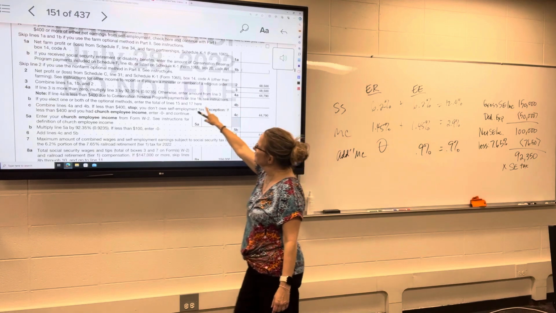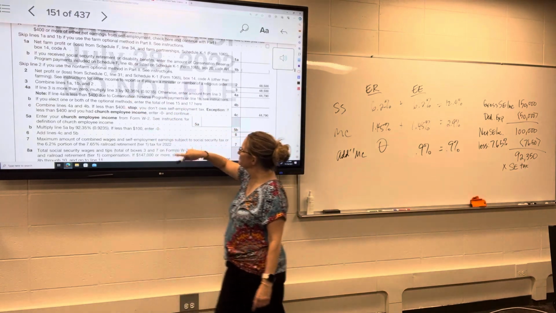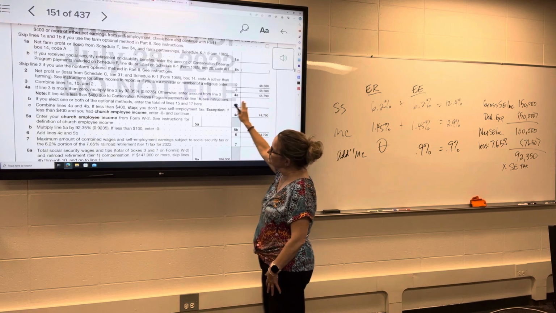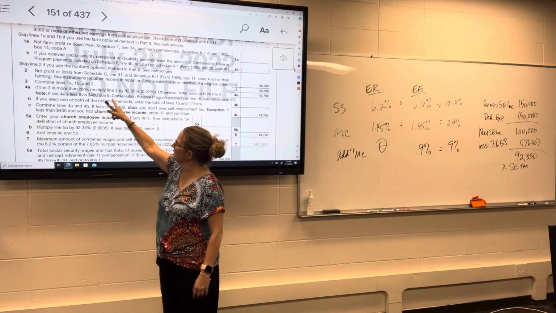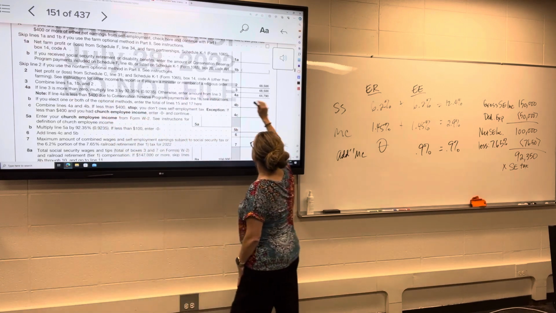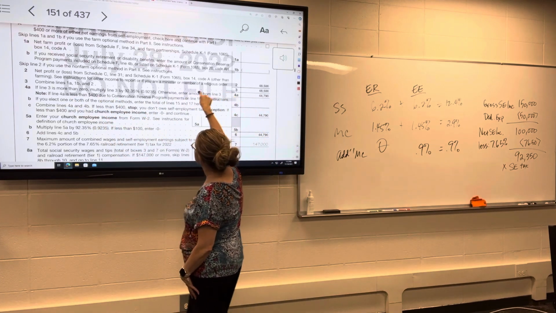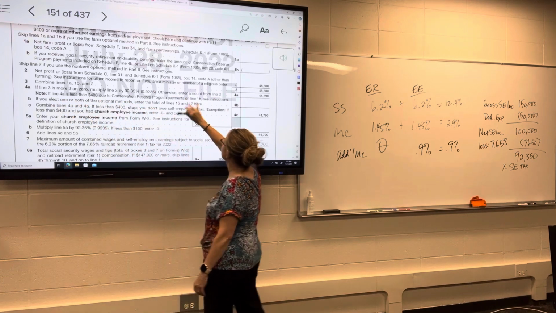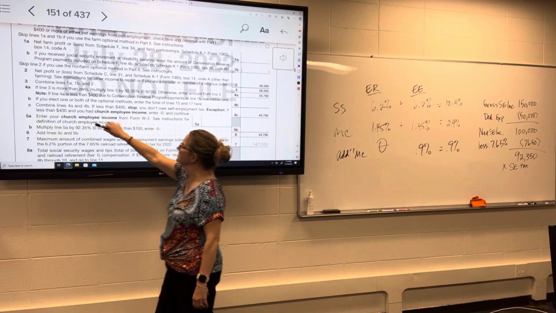And then this is where we multiply that by 92.35%. They mention here, if line 3 is more than 0, multiply it by 92.35%. Otherwise, enter the amount from line 3. If 4A is less than 400, oh, that's CRP payments, sorry, I saw the 400.